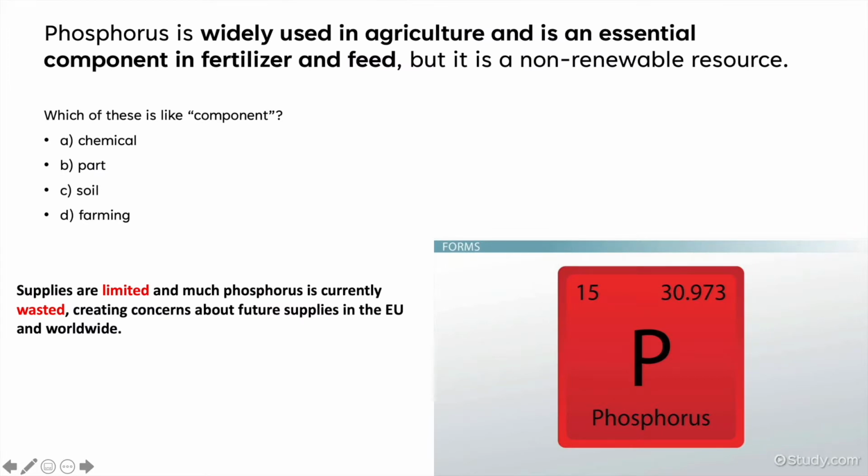Phosphorus is one chemical that is used in agriculture or farming, and we use it in fertilizer and feed, but it's a non-renewable resource. Terrence, what do you already know about natural ways that plants grow?